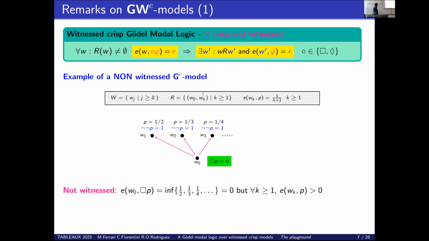Here we have an example of a non-witness model. From it we can access an infinite number of worlds W_K. In every W_K, the value of the variable P is 1 over K plus 1. So you have the limit of zero.